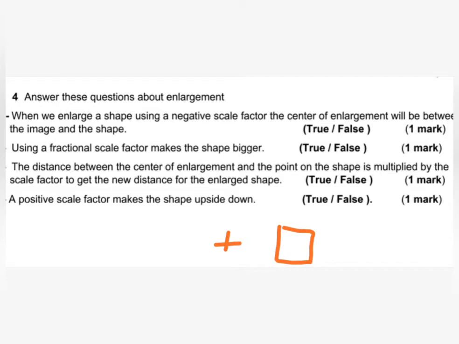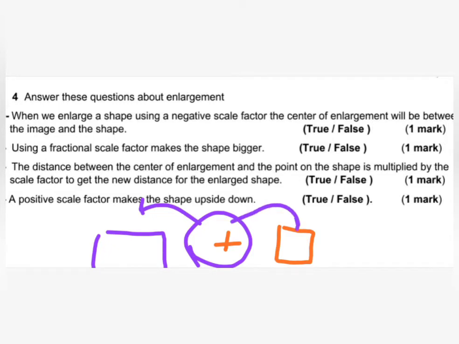If it's positive, it's going to go this way. If it's negative, it's going to be the opposite way. Now, we're talking about a negative scale factor, so it's going to be the opposite way, which is here, for example. And then we have the center of enlargement between the two shapes with negative scale factor.